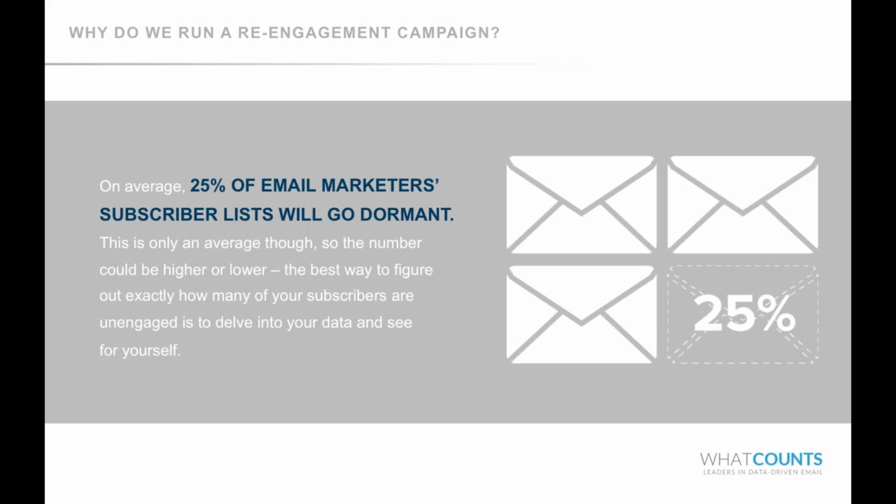Of course, this number can be higher or lower, depending on your business specifically. But obviously, to determine that, we want to dive into your data. And of course, the WhatCounts platform allows you to see those metrics and see specifically who is opening or not opening your messages. So really delving into your data to determine who needs to be a part of that re-engagement campaign.